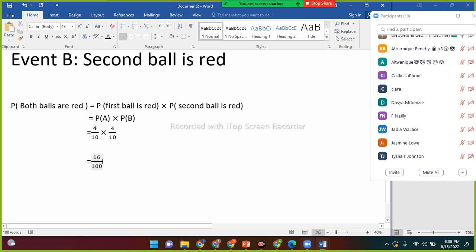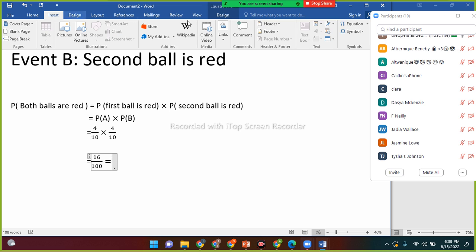Okay, now we could simplify that. We could divide top and bottom by 4.